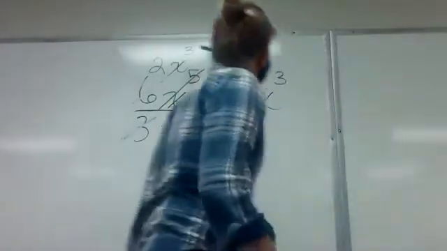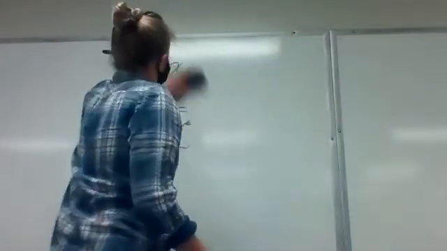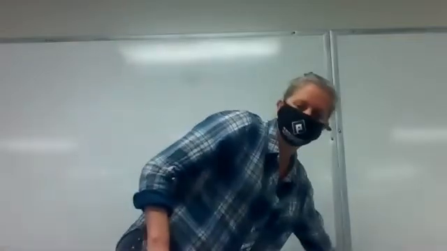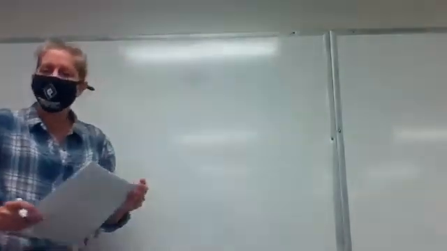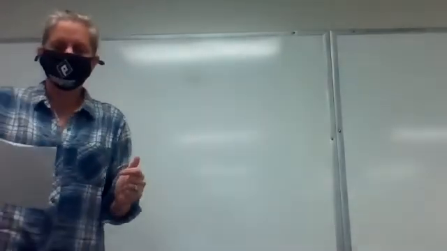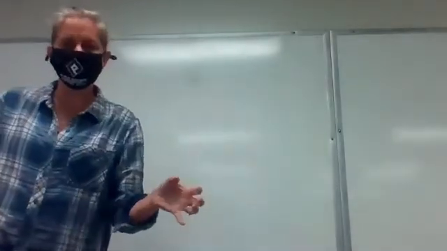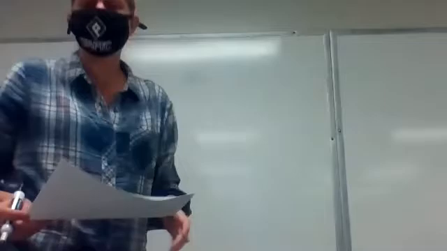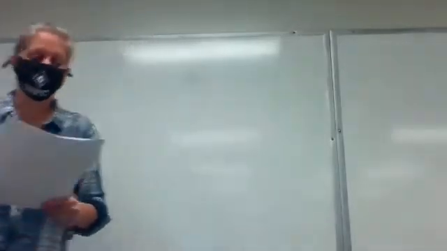Okay? Now, what we're getting into today in 6.1 is writing something in factored form. So we're going to have a list of terms, and we're going to look for what is in common with these terms.